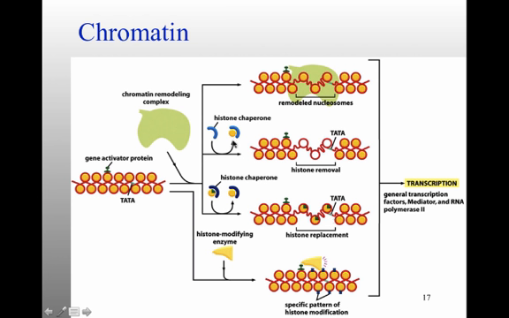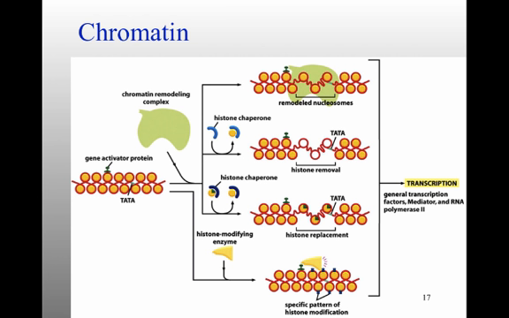A third process, or maybe you should call it a fourth process, that doesn't require this chromatin remodeling complex, is just binding to a histone modifying enzyme. And in the case of a gene activator protein, this would normally be a histone acetyltransferase, which will now put acetyl groups onto those otherwise positively charged side chains that you have on the histones.